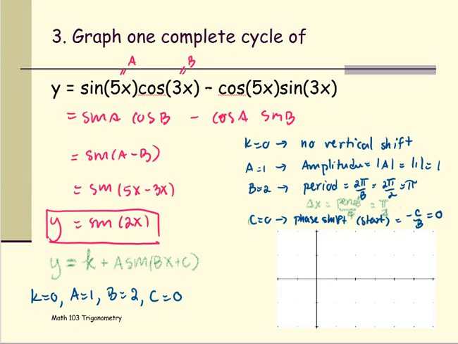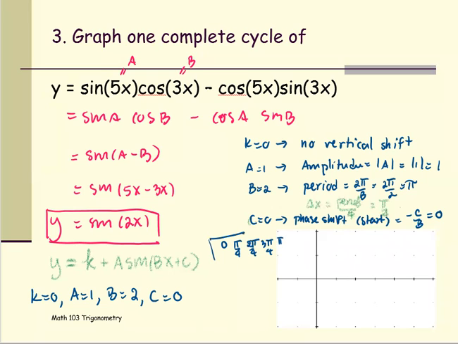Therefore, the 5 key points that we're going to list to complete the graph of the sine will be from the point 0, then pi over 4, then 2 pi over 4, 3 pi over 4, and then 4 pi over 4, which is pi.